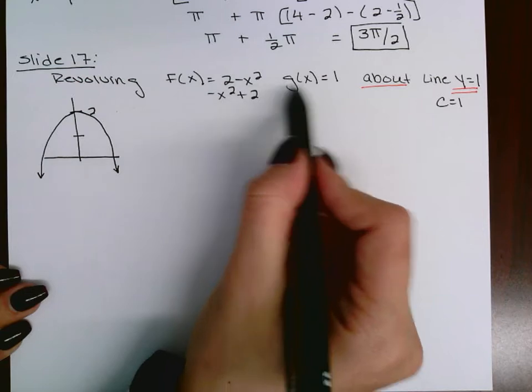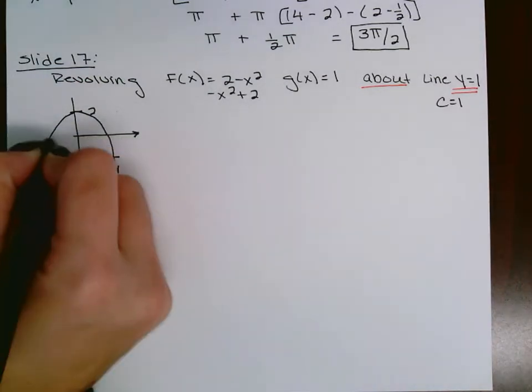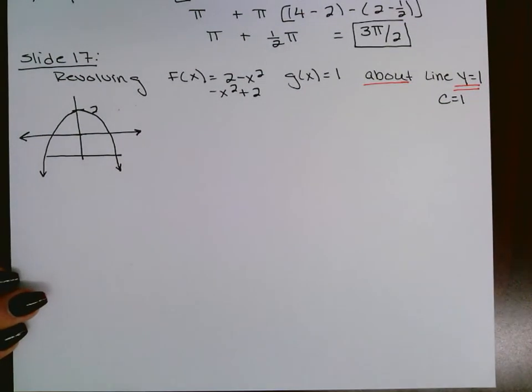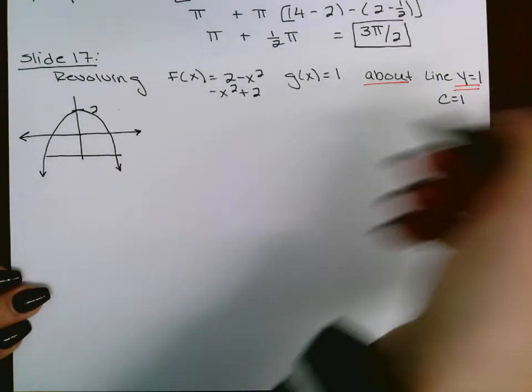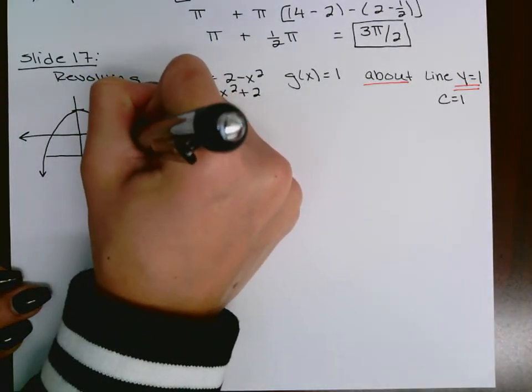And then we have g of x, which is 1, so then we have a horizontal line. Exactly, and then it wants to rotate around y equals 1, which is technically g of x. They're trying to confuse you.